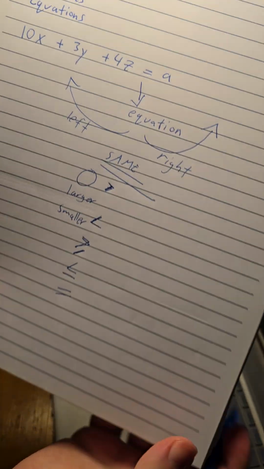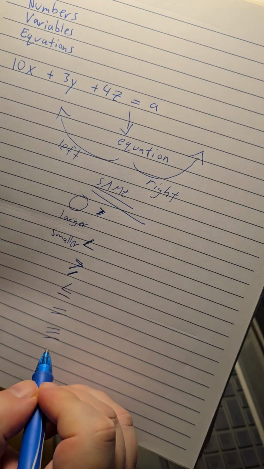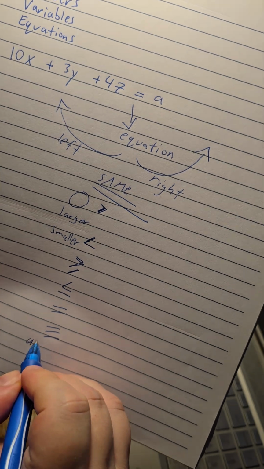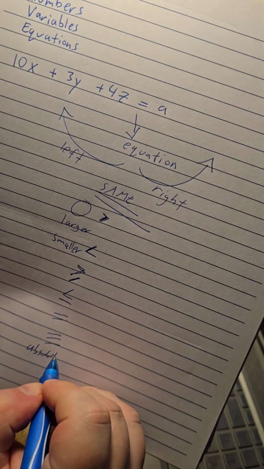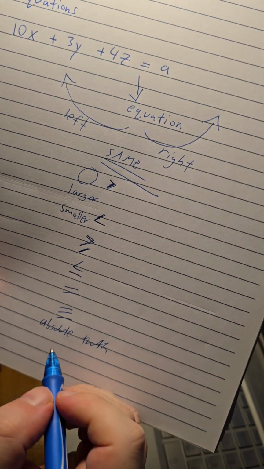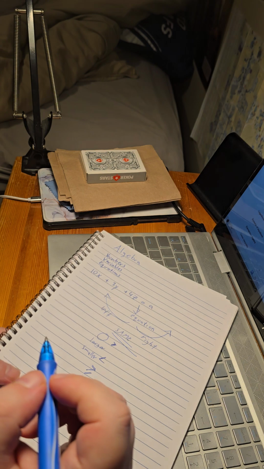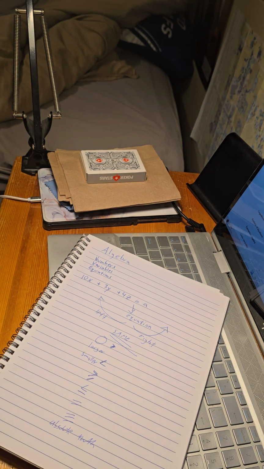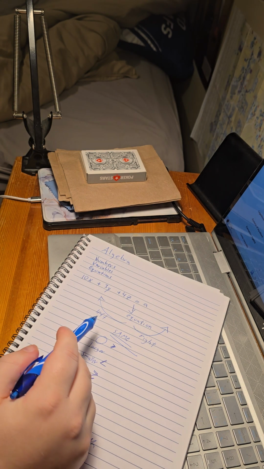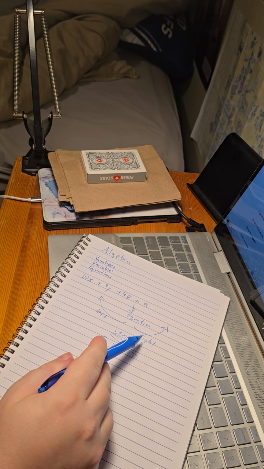Or if you're doing a proof of a law, you have super equals, which means absolute truth. So that's an equation: the left side is equal to the right side.